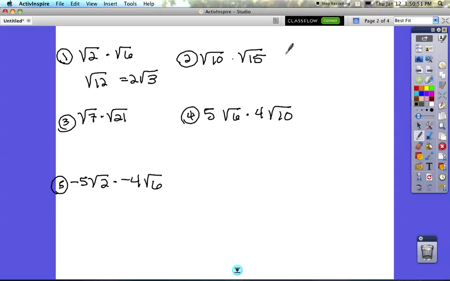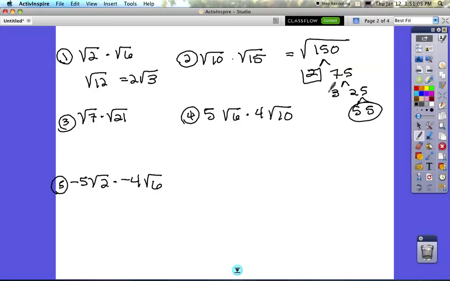So this is the square root of 150, which breaks down to 2 and 75, 3 and 25, 5 and 5. So, tell me how this works. How it simplifies. 5 square roots of 6. 2 times 3.